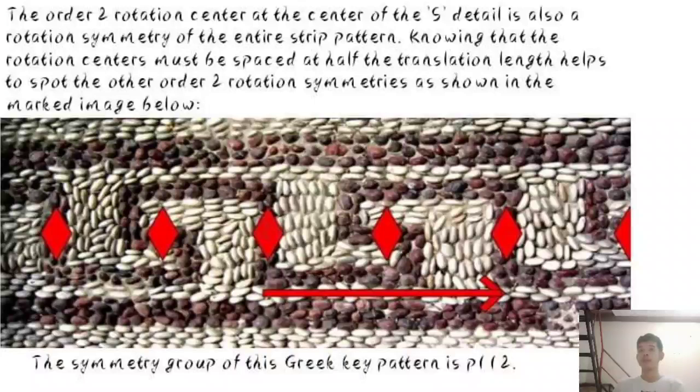The order 2 rotation center at the center of the S detail is also a rotation symmetry of the entire strip pattern. Knowing that the rotation centers must be spaced at half the translation length helps to spot the other order 2 rotation symmetries, as shown in the marked image below. This example shows the symmetry group of this Greek key pattern is P112.